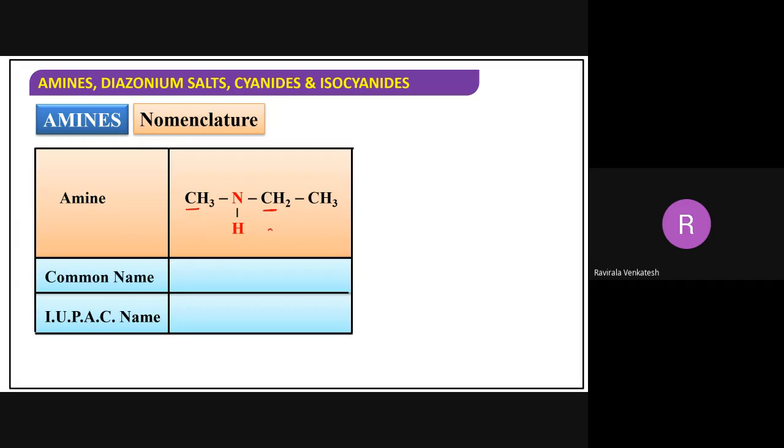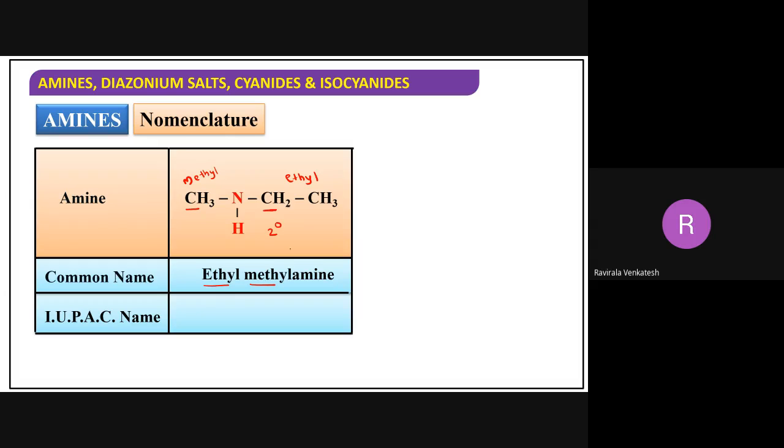So definitely it is a secondary amine. Now nomenclature will be given differently. The common name is very simple. This part is the ethyl part, and this part is the methyl part. So in alphabetical order, we call it ethyl methyl amine.